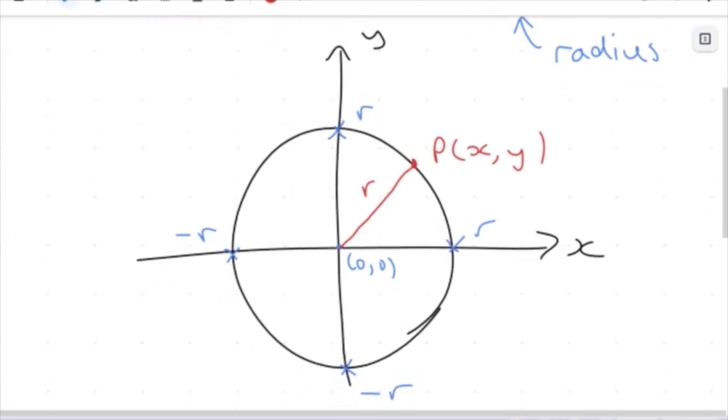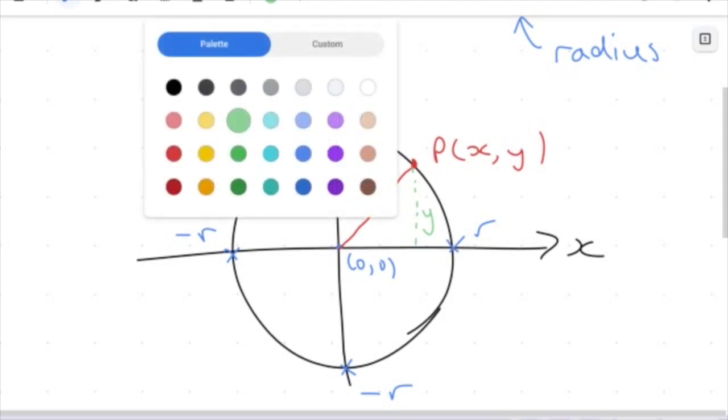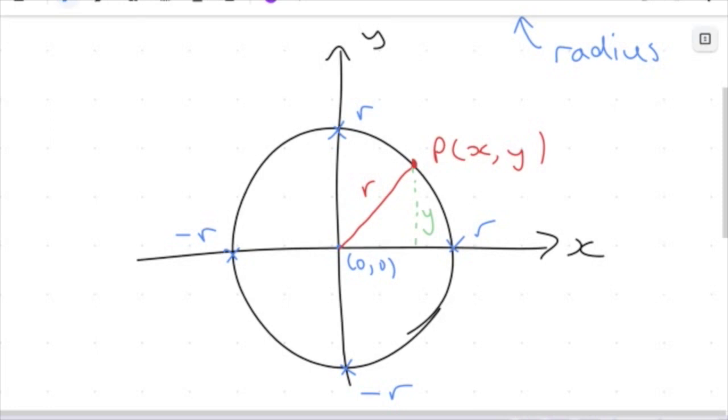And this means that my y value, my height up from the center, is going to be the value of y. So I'm going to write that in here. I have a height of y, and I have a horizontal component because we're going this distance along. That's a distance of x here.